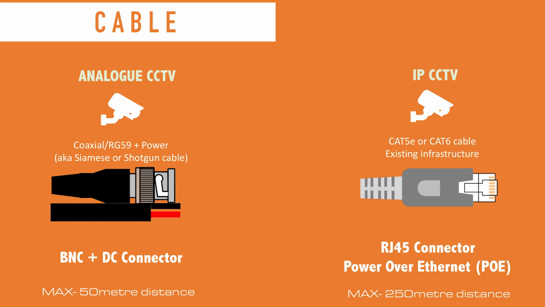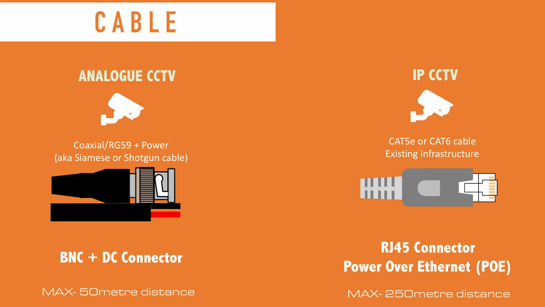IP systems use a Cat5e or a Cat6 cable, which is usually a UTP, which is unshielded twisted pair. You'll know in larger buildings you will already see this type of infrastructure used for the networking of computer systems. So it uses the same type of cable, and the connector is known as an RJ45. You don't usually have a separate power connector because the RJ45 carries power, and that's known as power over Ethernet.